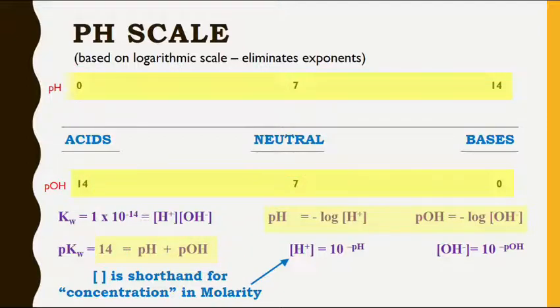Now, the last equations that we're really going to be using here are these hydrogen ion and OH ion equations, because like I kind of referenced before, what if I want to find what my concentration is if I know the pH? Then technically what we're doing is just an algebraic rearrangement of the equation up top.